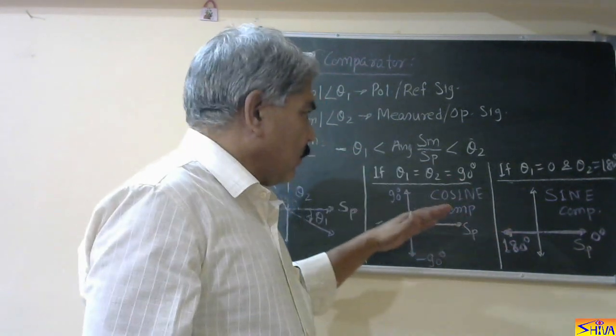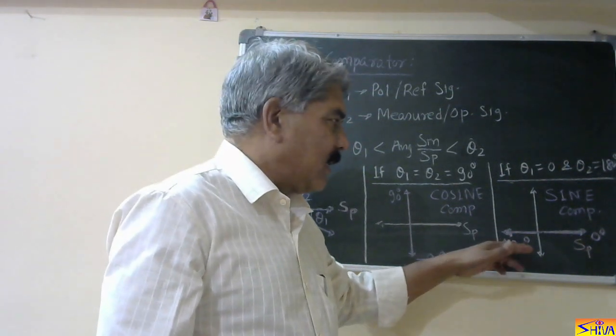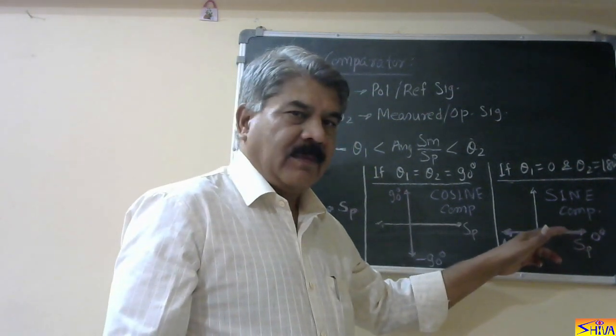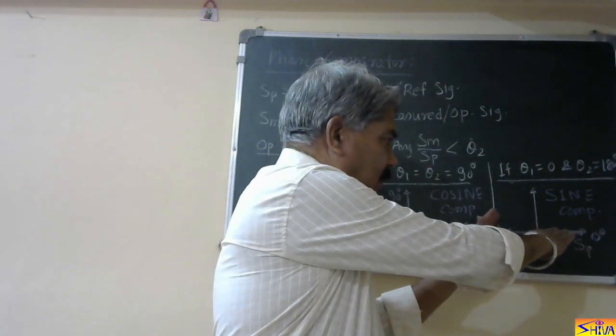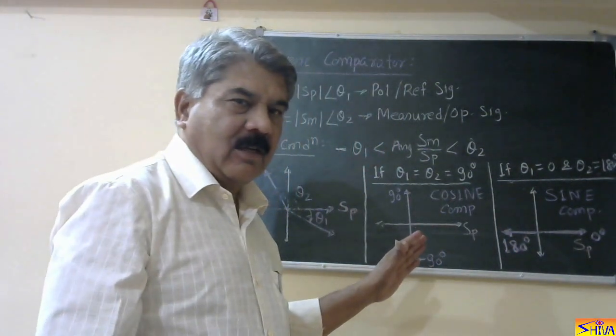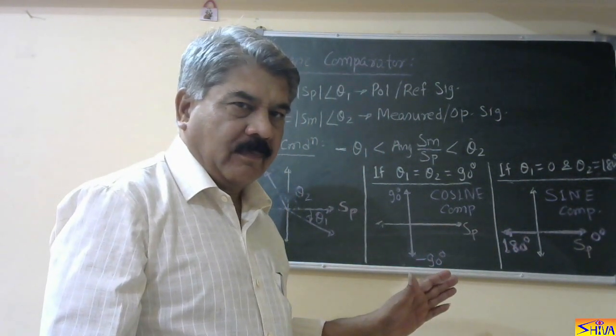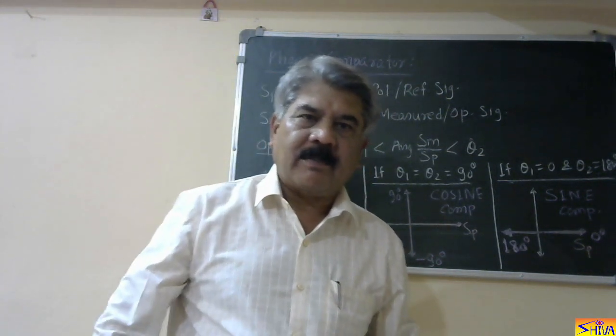So if the cosine comparator characteristic is rotated anti-clockwise by 90 degree, we get the characteristic of the sine comparator. Similarly, if we rotate the characteristic of the sine comparator by 90 degree in the clockwise direction, we get the characteristic of the cosine comparator. So this is all about the amplitude comparator and phase comparator.